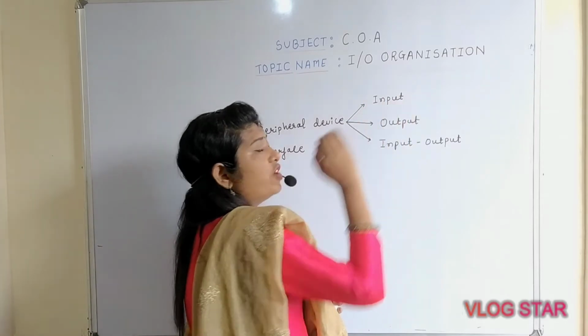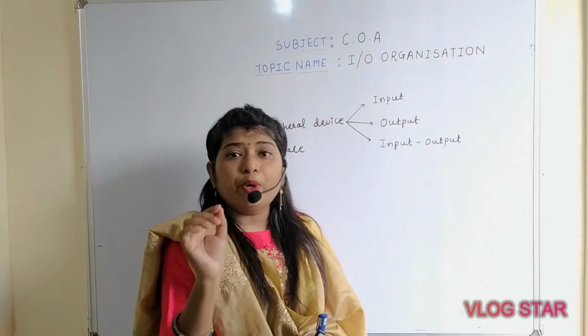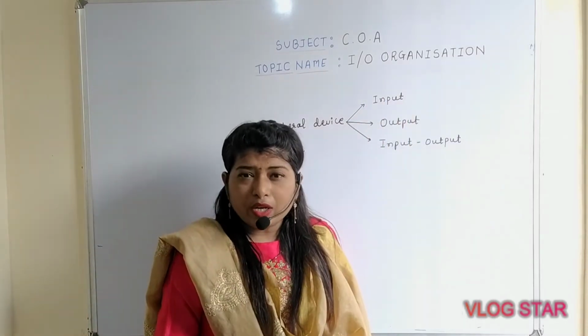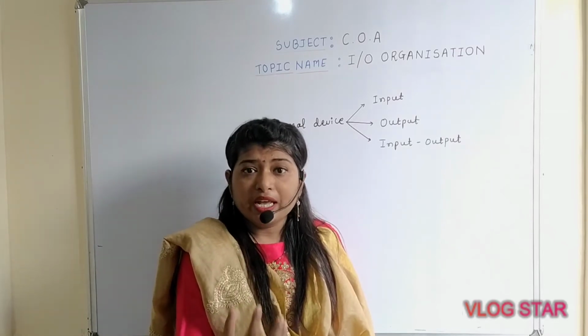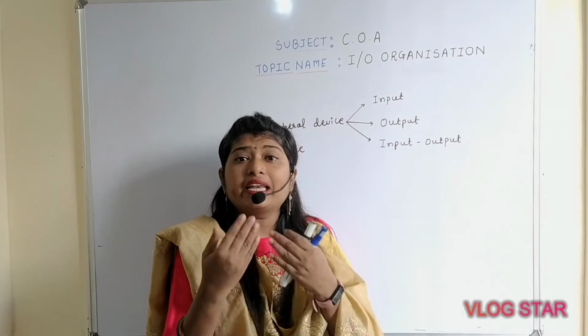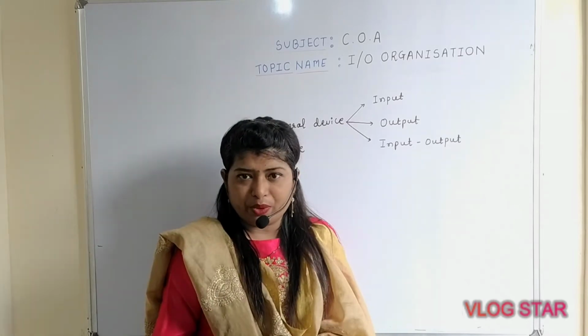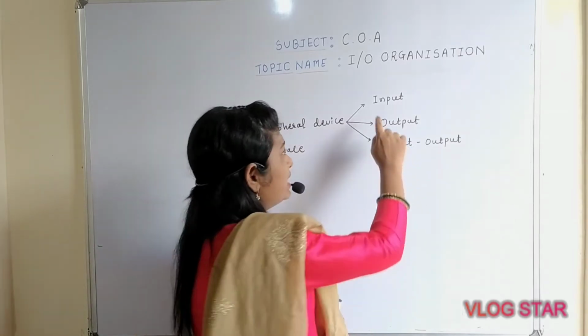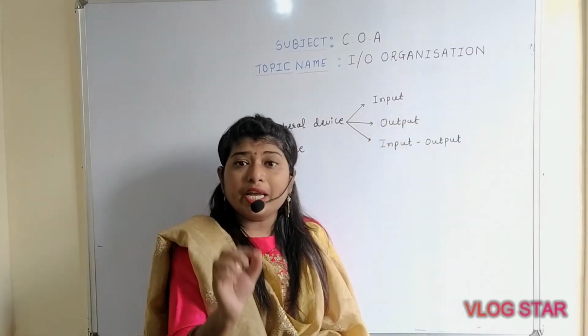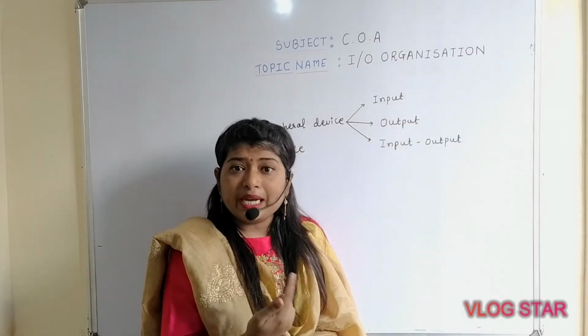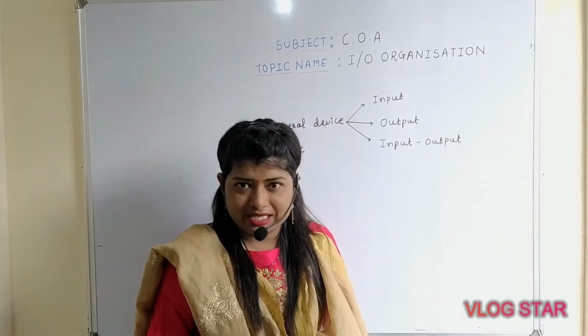Now coming to the first type, that is input peripheral. What is the meaning of the input peripheral? As the name indicates, input means that we are giving input to the computer system. So this device allows user input from the outside world to the computer system.